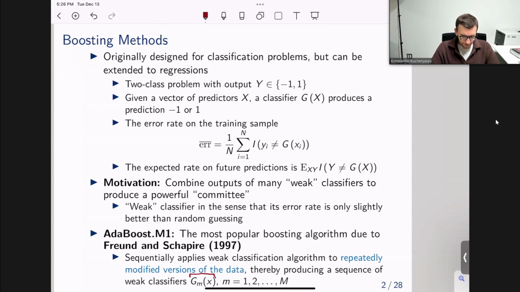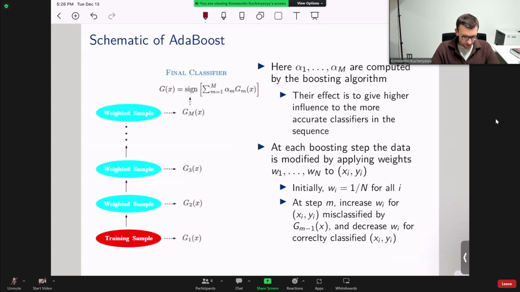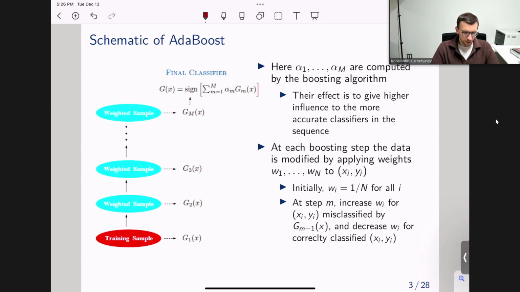Here's the schematic illustration of this algorithm. First, let's look at the picture. We start with the original training sample. We have a classifier on this training sample.